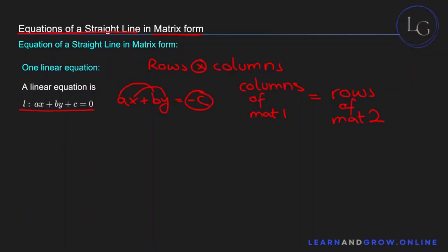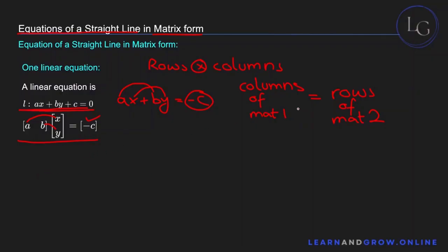Now look at this. This is the matrix multiplication that will eventually give you this general equation. Rows into columns means that you will multiply A with X, add that to B into Y, and that will give you minus C, right?